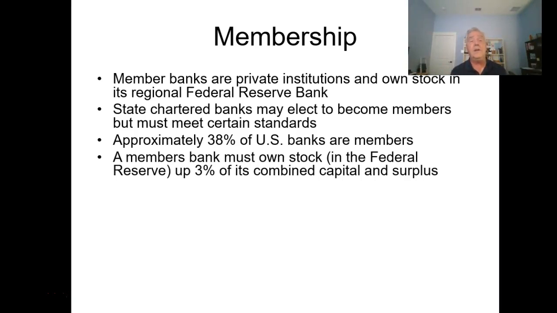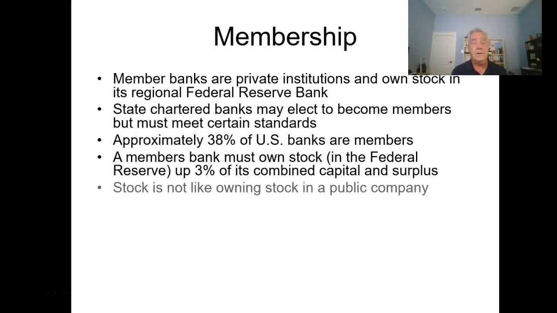So when you own stock in the Federal Reserve, it's not like owning stock in a company. It is not a certificate of ownership. The only thing it does is it gives you a dividend, in effect. And you have to buy stock in the Federal Reserve up to 3% of your capital reserves.